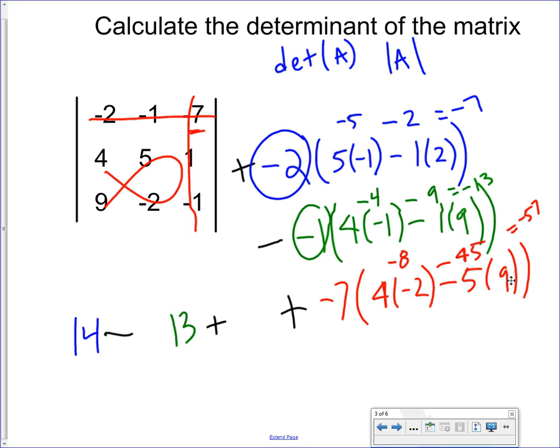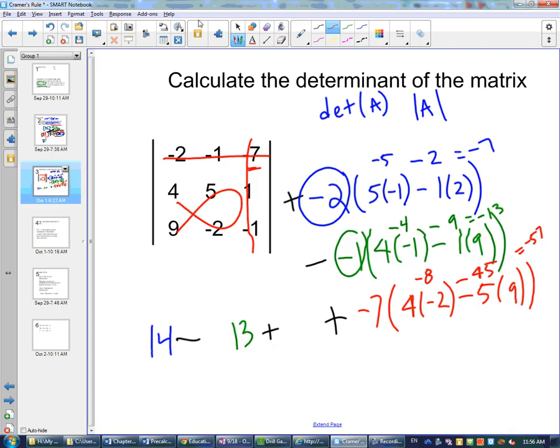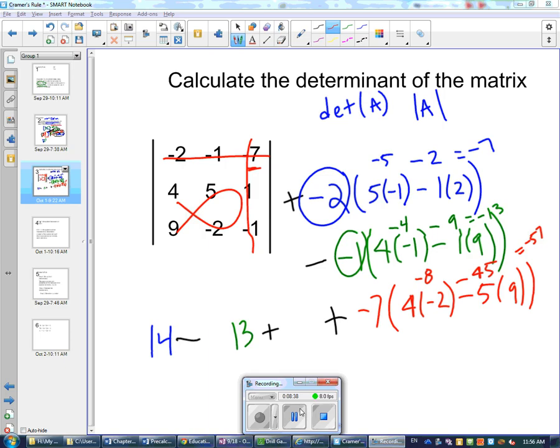And then -53 times -7. Okay, so the product there is positive 371, because negative times negative is positive. So positive 371.